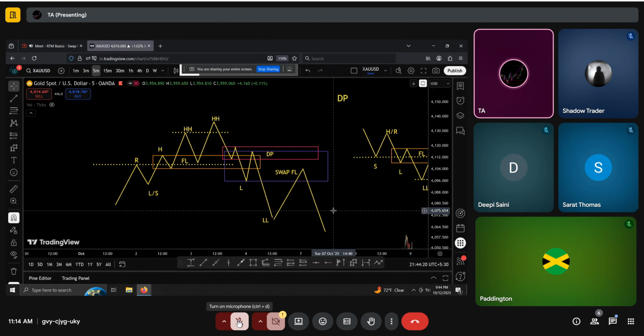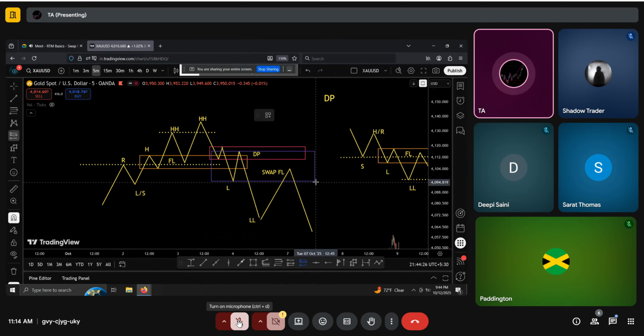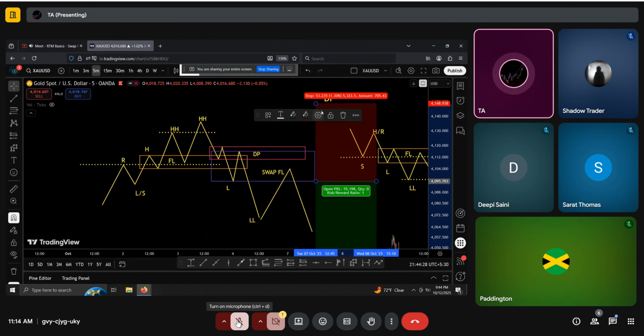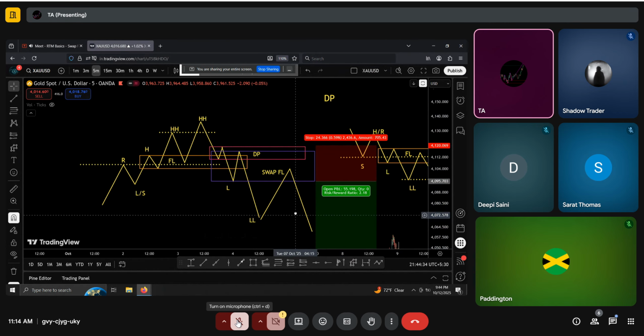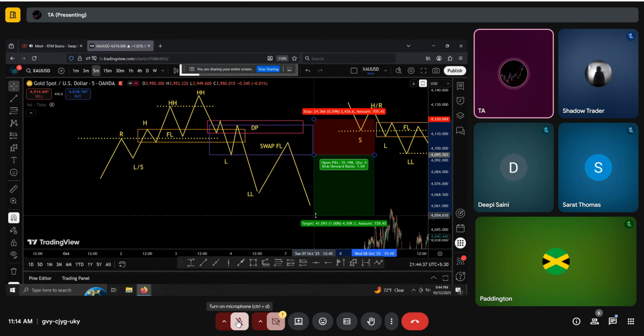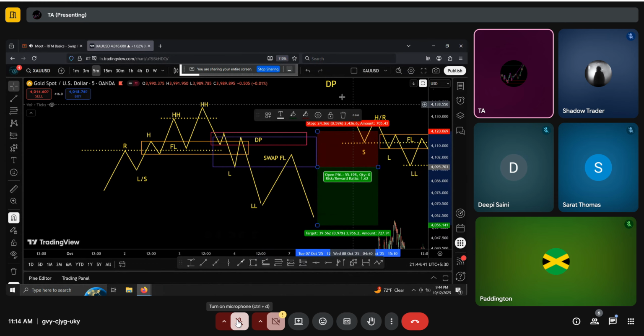Price may fall again here, right? So this can also be traded, can be shorted here. Here will be our entry, here will be our stop, or here can be our stop just above the DP, and our target can be the next level, whatever you decide, right?